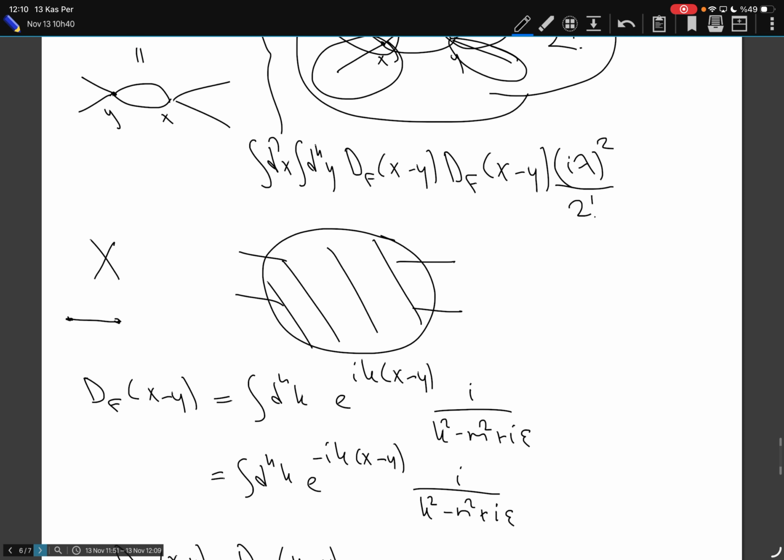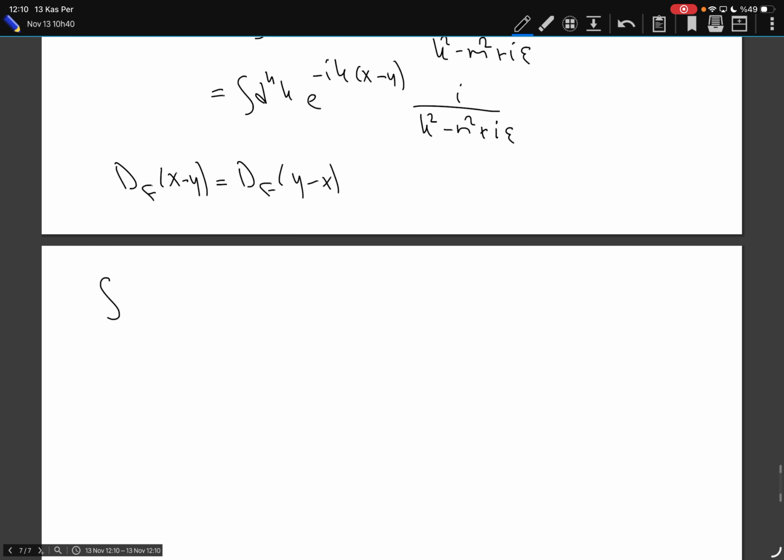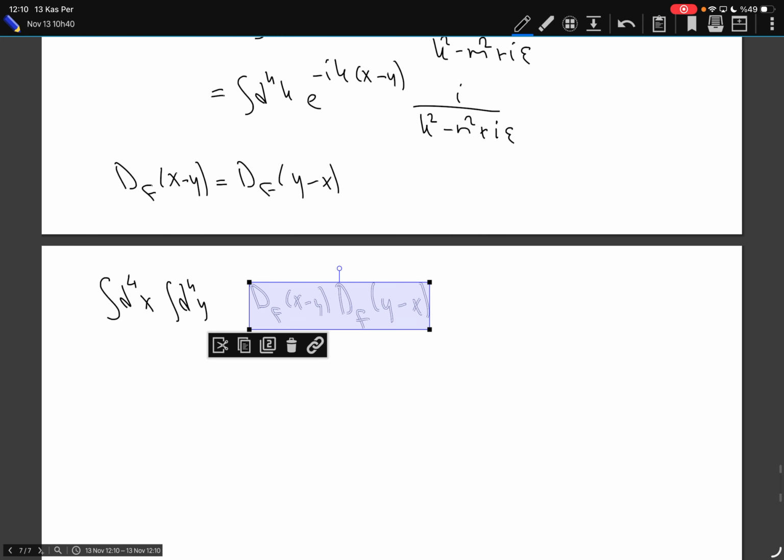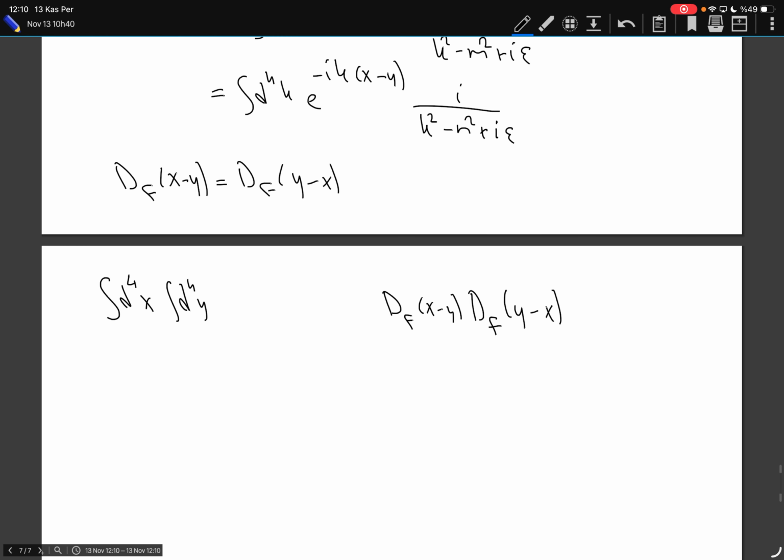Well, let me calculate this one. Let me also add the external fields, the external legs.